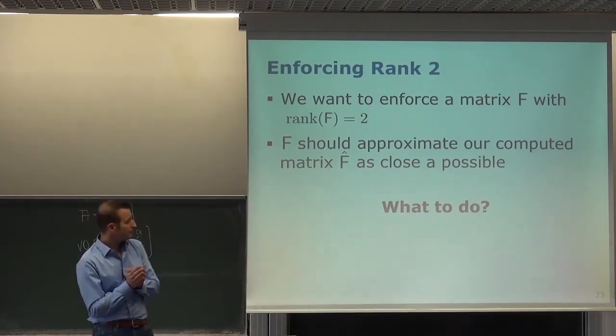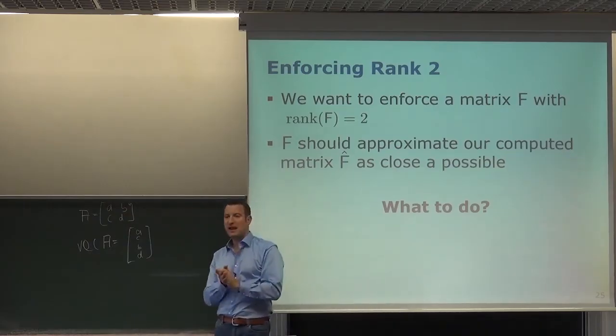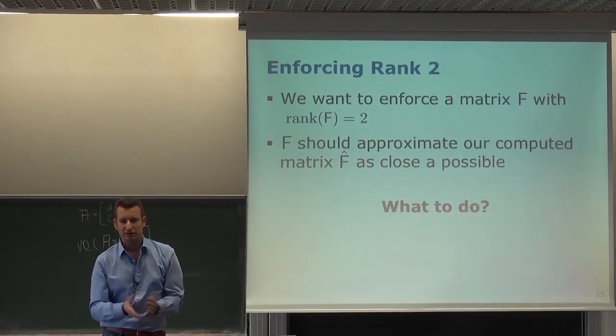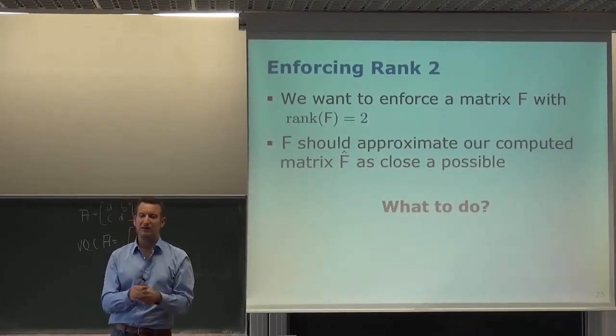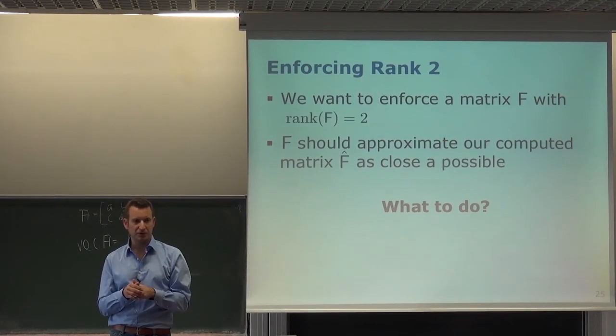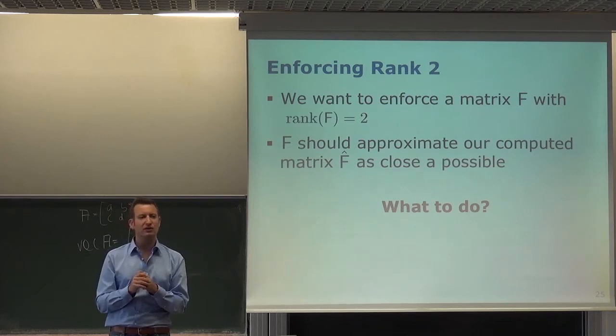So to help you a little bit, this estimate of F that we have is likely to have singular values, and if it does not have rank 2, all the singular values are unequal to 0. But we said we're very close to our solution.